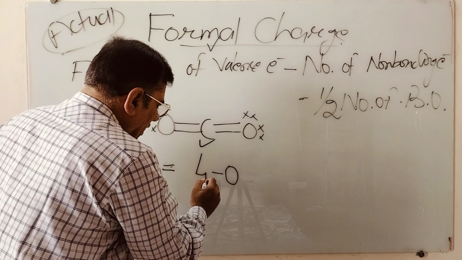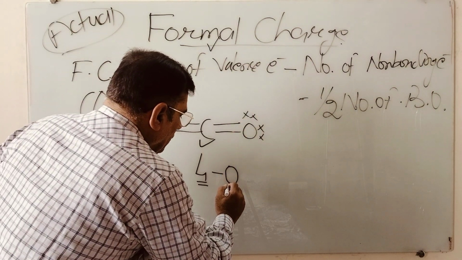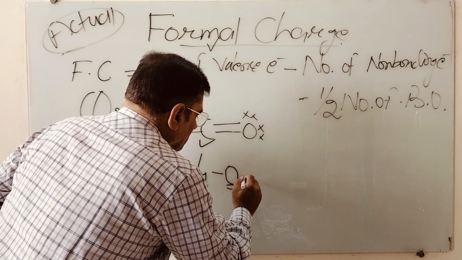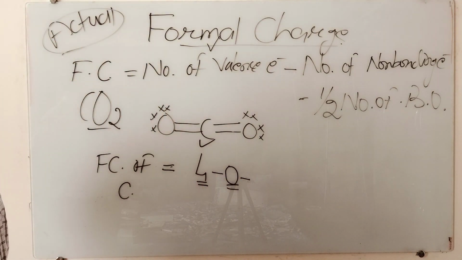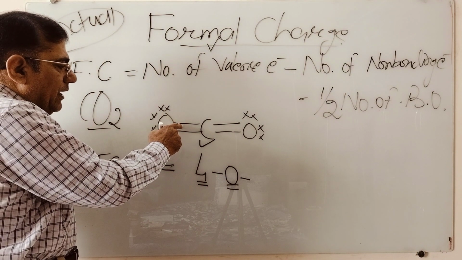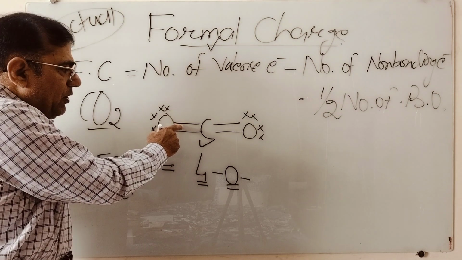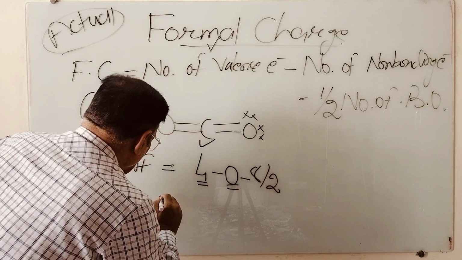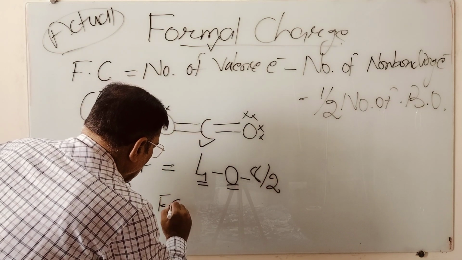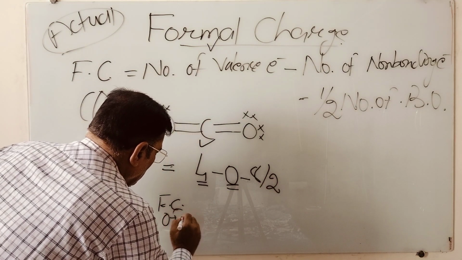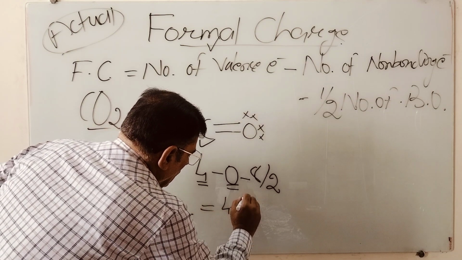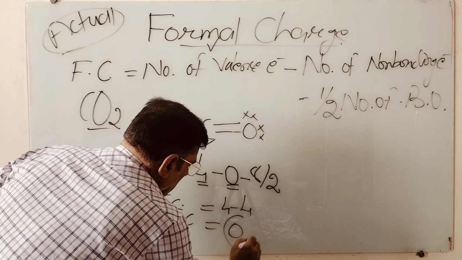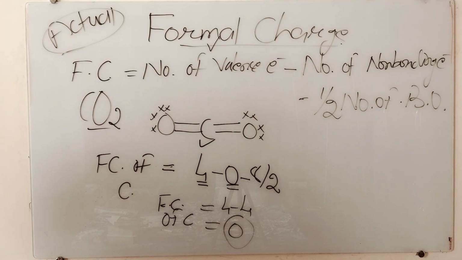So valence electrons 4, non-bonding 0, minus half the number of bonding electrons. How many bonding electrons are there? 2 bonds, 4 bonding electrons this side, 4 this side, 8 divided by 2. So the formal charge of carbon is 4 minus 4 equals 0. Formal charge is 0.